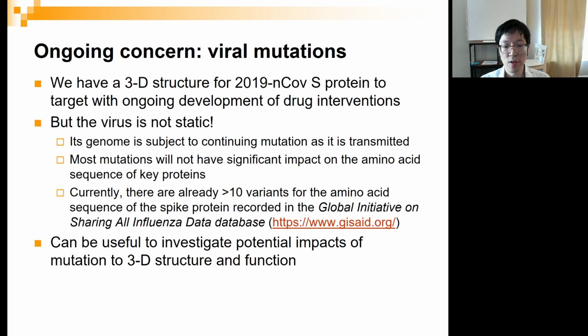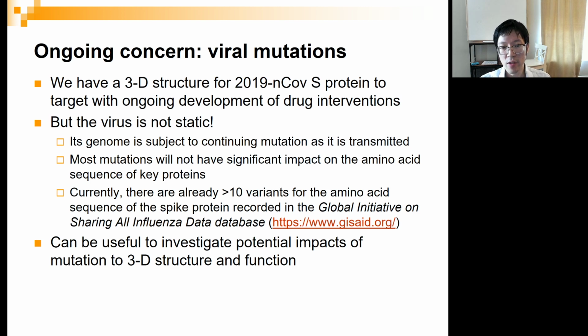Okay, and so these variants can be seen and obtained from a global database. So the website's here, and so we have the 3D structure for a particular sequence.